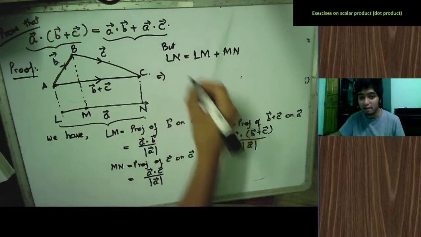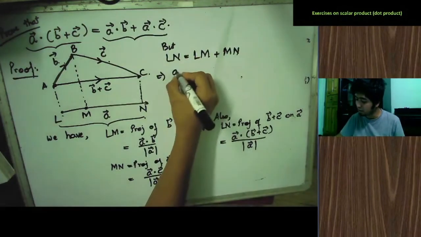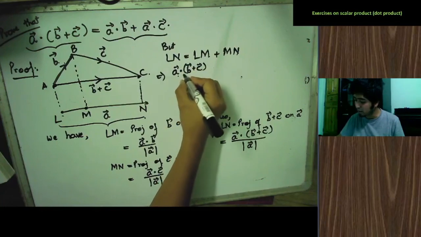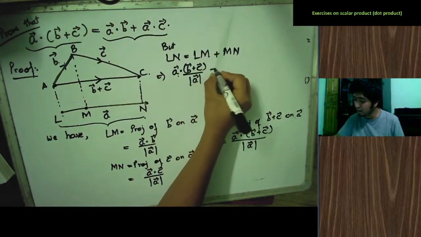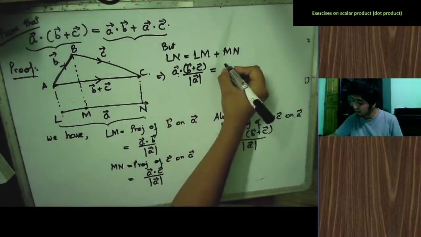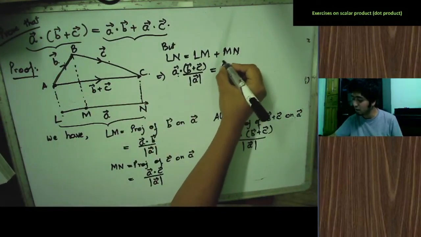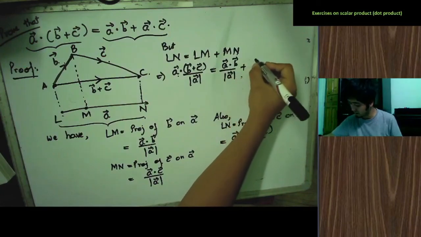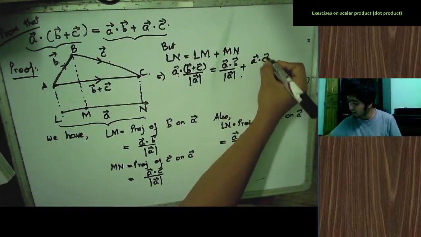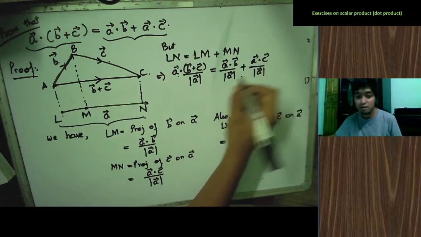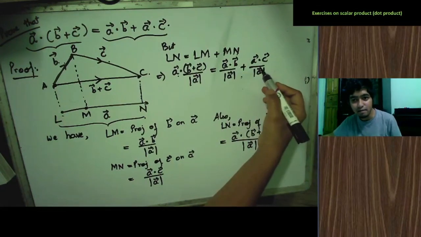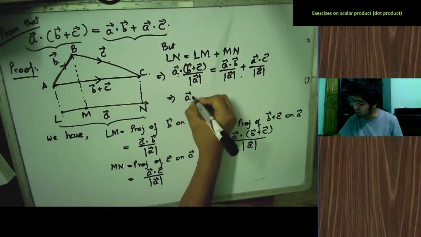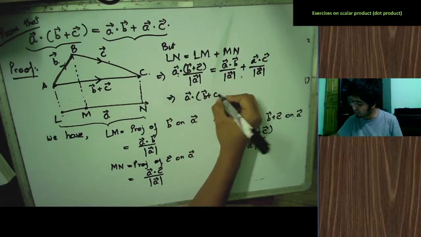Substituting LN from this equation, we have A dot (B plus C) by magnitude A is equal to LM, which is A dot B by magnitude A, plus A dot C by magnitude A. Because the magnitude is a scalar, we can multiply throughout by it. So ultimately we will have what we want to prove.